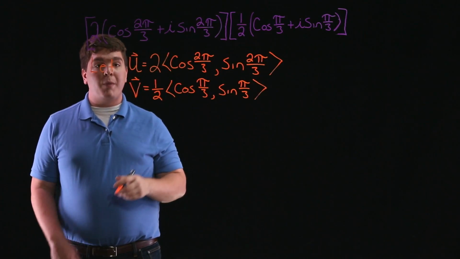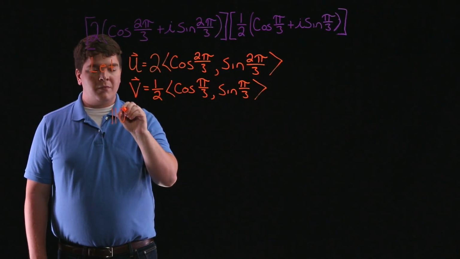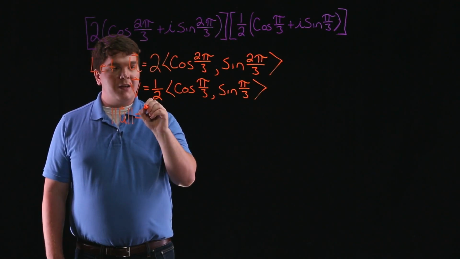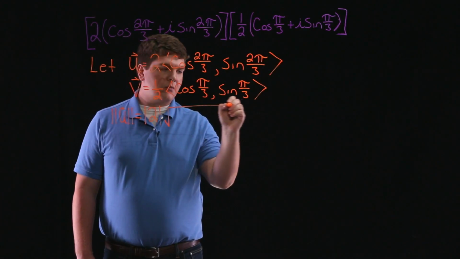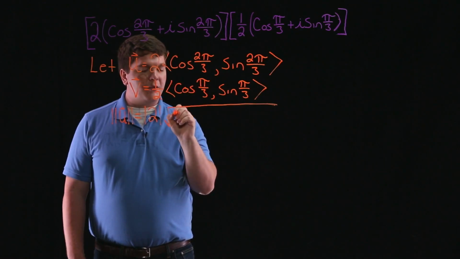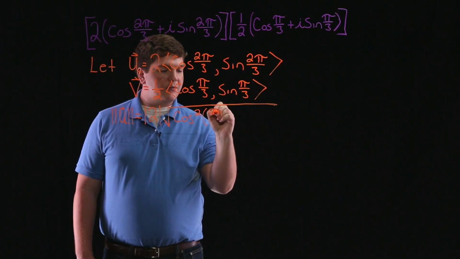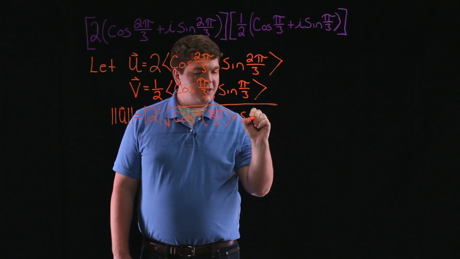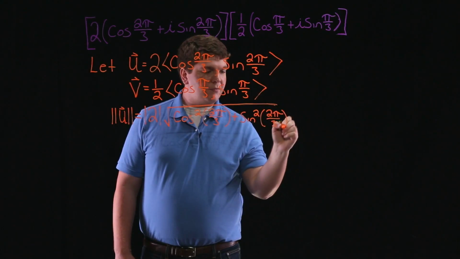Now let's also find the magnitude of both our vectors u and v. So the magnitude of our vector u is going to be equal to the absolute value of 2 times the square root of cosine squared of 2 pi divided by 3 plus sine squared of 2 pi divided by 3.